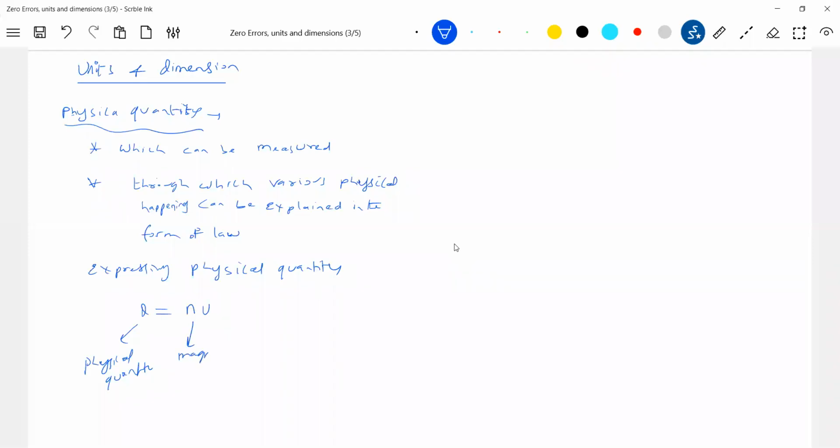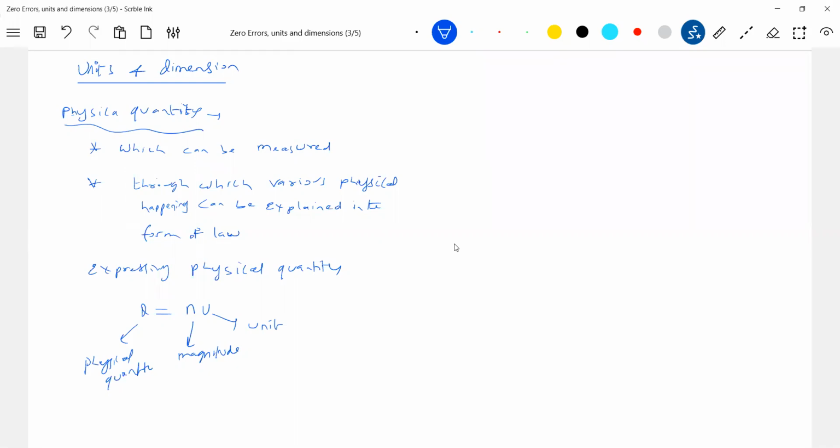This corresponds to the magnitude, and this U corresponds to the unit. So a physical quantity is magnitude into unit. The unit tells us what, and the magnitude tells us how much.